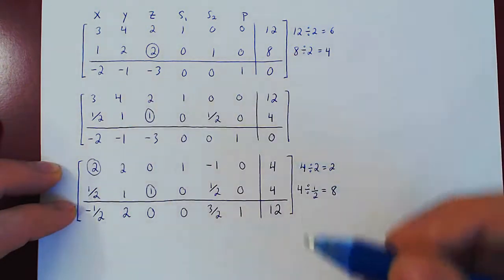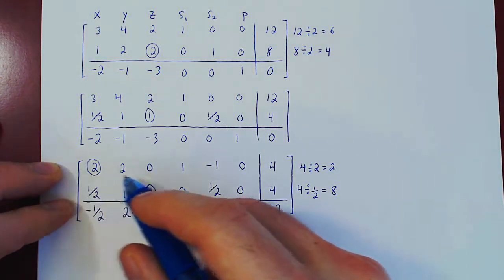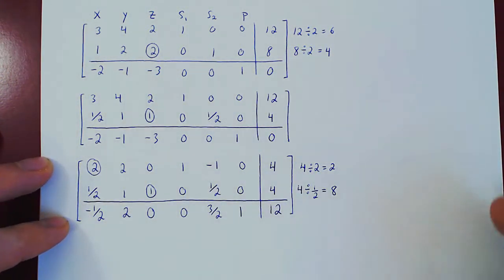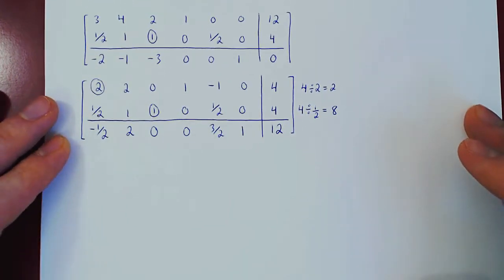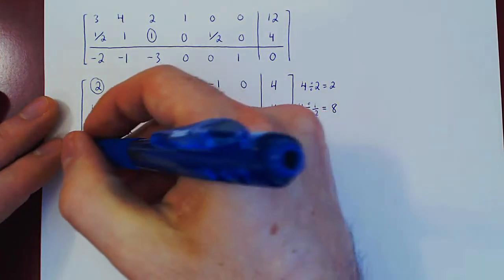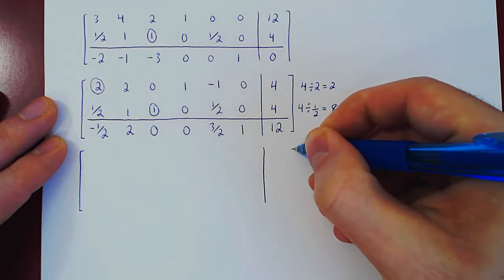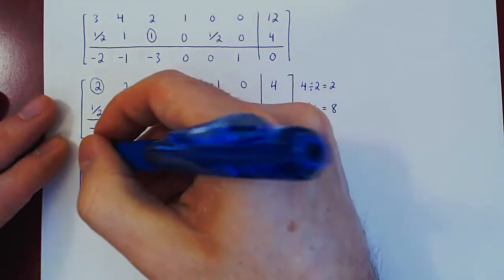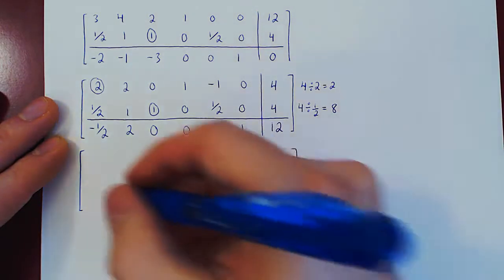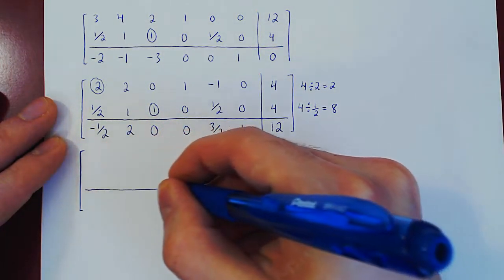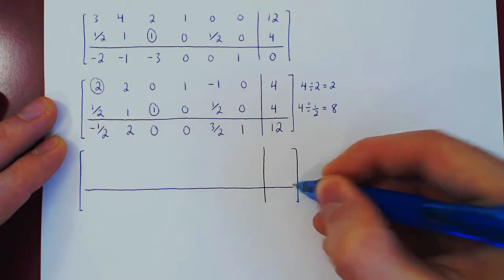pivoting 1. Of course, by multiplying row 1 by 1/2. Let's perform this operation. Or actually, let me recopy row 2 and row 3 as we're not changing them.